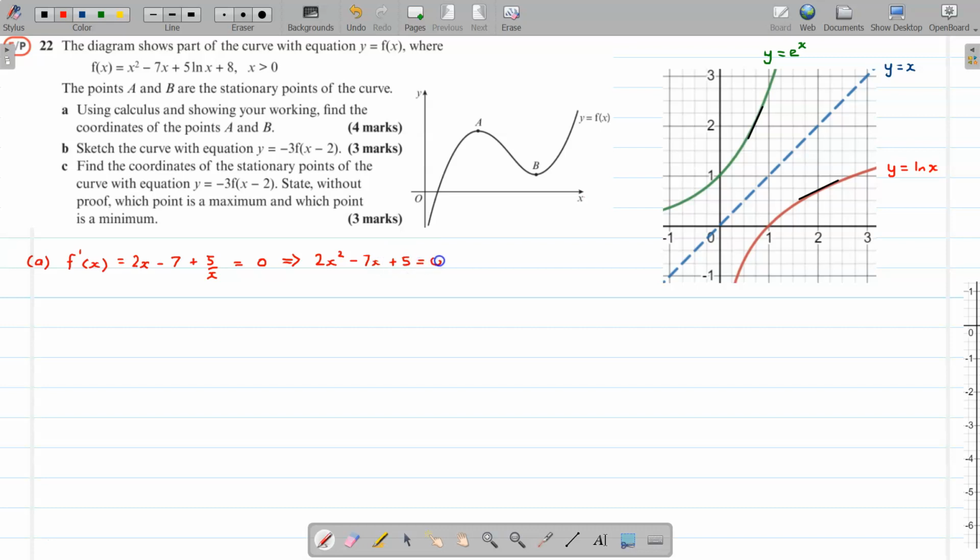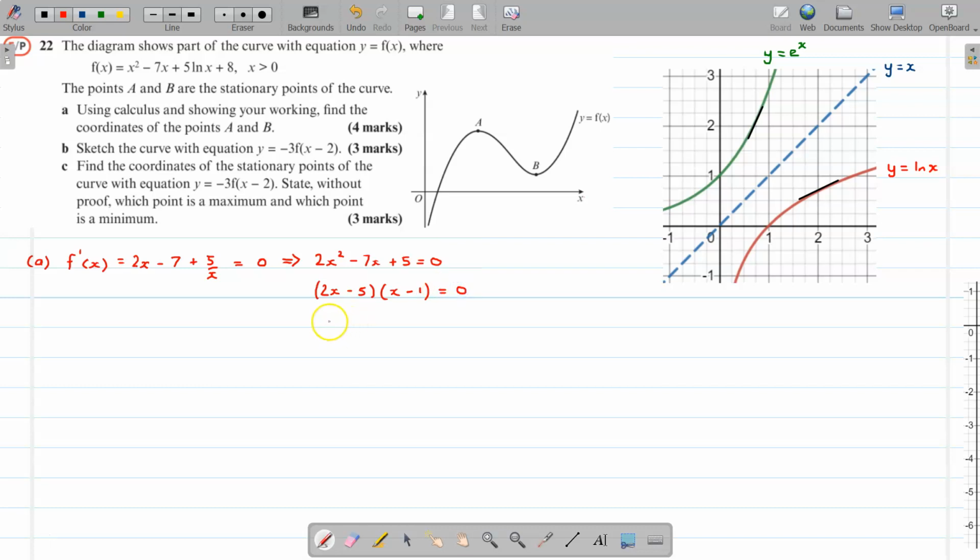That factorizes nicely to give us 2x minus 5 and x minus 1, both negatives there to give us the plus 5.